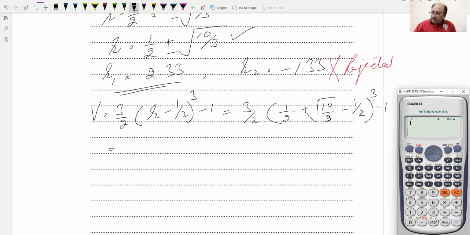It will be 3 over 2 into 0.5 plus the square root of 10 over 3, and this will be minus 0.5, bracket close and raised to power 3, and then we have to take minus 1, and this will basically be 8.128 or 8.13.